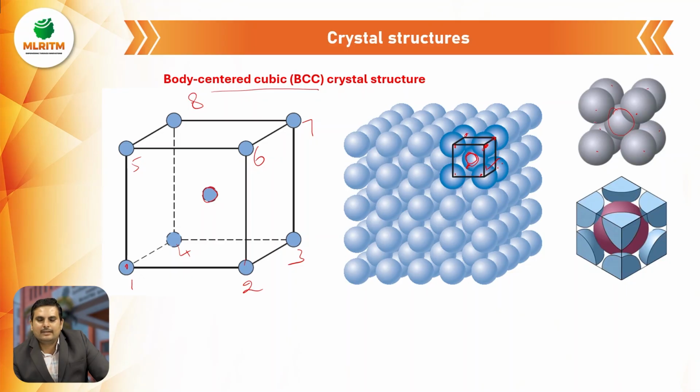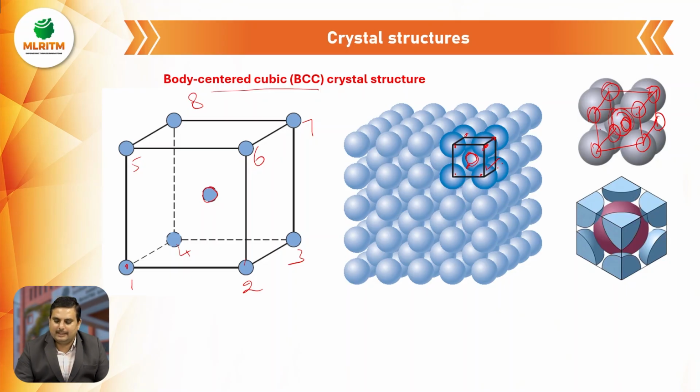It is difficult for us to calculate the volume of this one. So what we have done is made the arrangement in such a manner: 1, 2, 3, 4, 5, 6, 7, 8 atoms, and there is another atom at the middle.